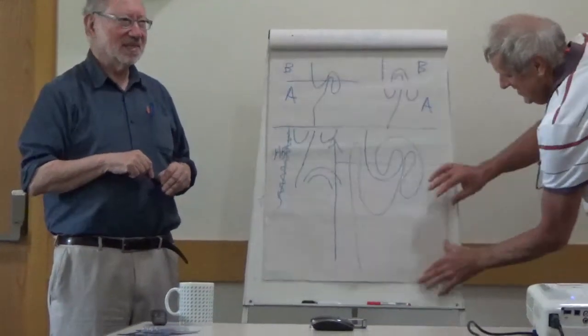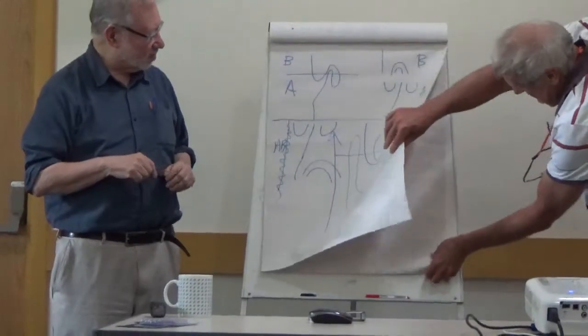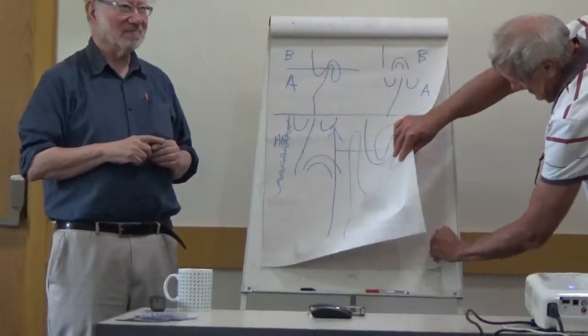Except some of them are positrons and some of them are electrons, with one more electron than positron.